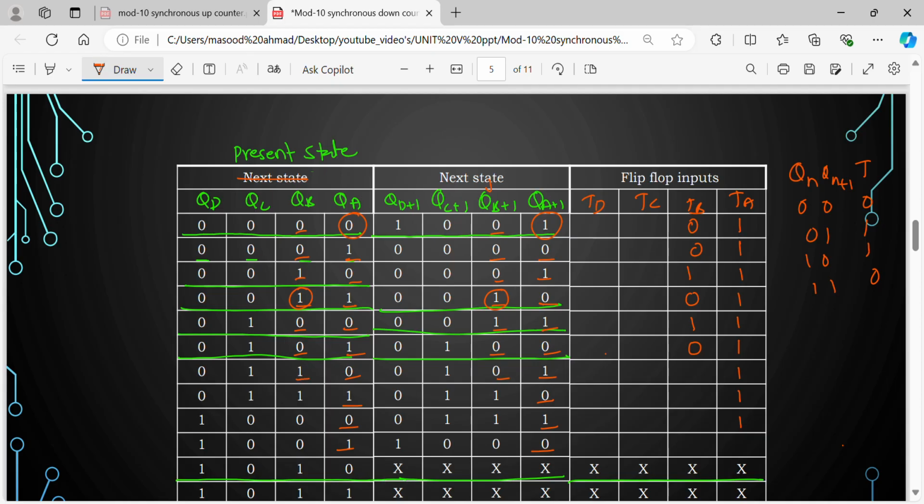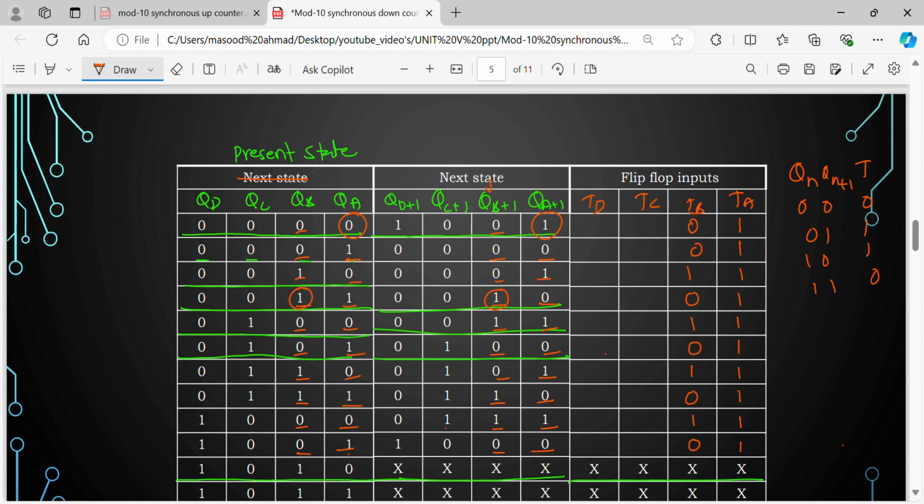What is 1, 0? 1. Next 1, 1, 0, 0, 0, QB plus 1. What is 0, 1? It is 1. Next 0 and 0 give you 0. So for QA, this was 1, this was 0, so it is also 1.